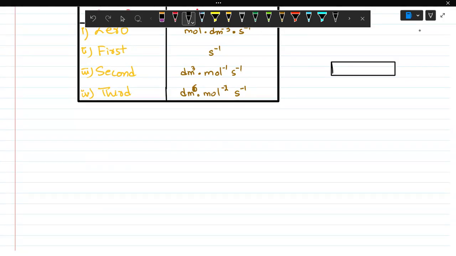But before going towards the half life, let me tell you some other things here. What is the reaction mechanism? Let me tell you regarding the reaction mechanism.